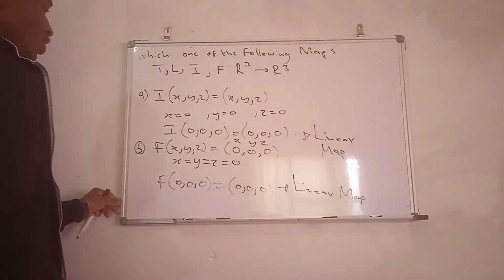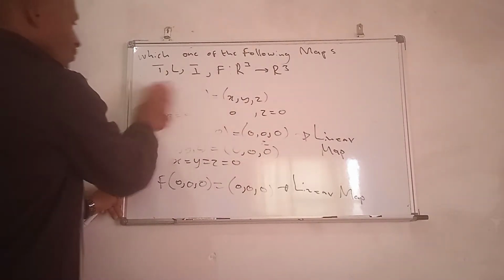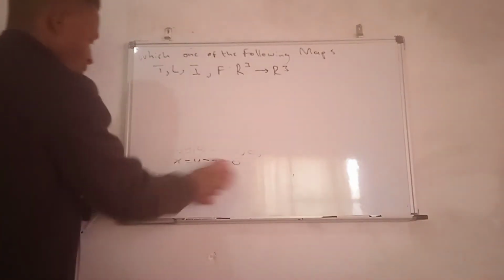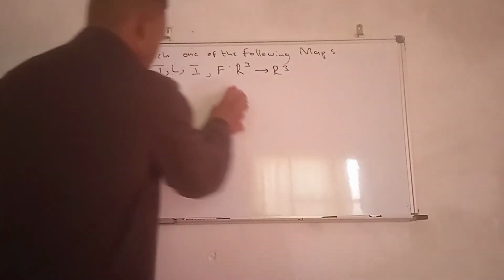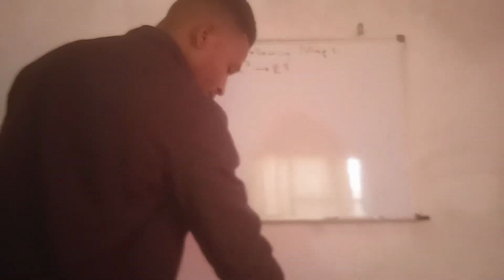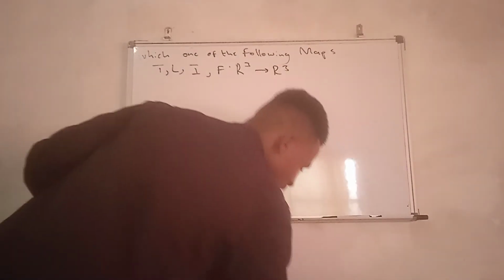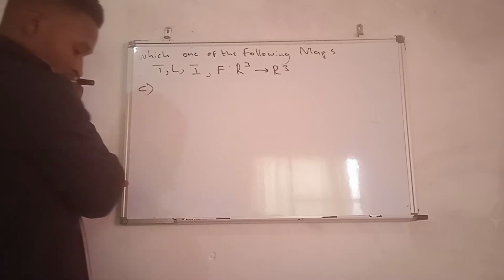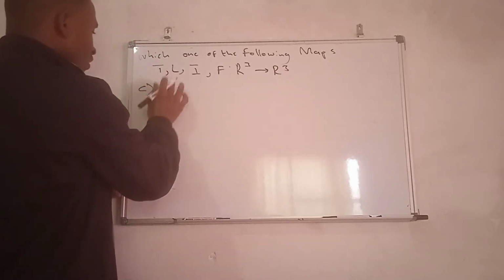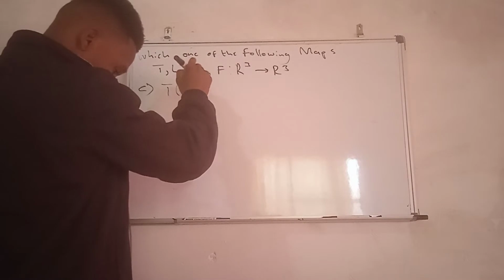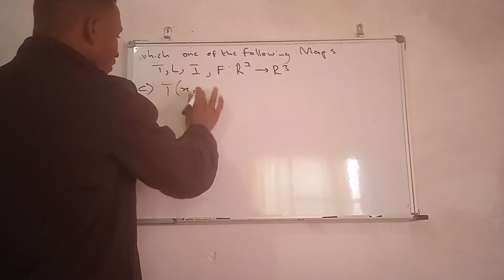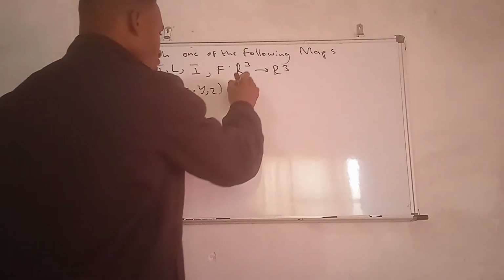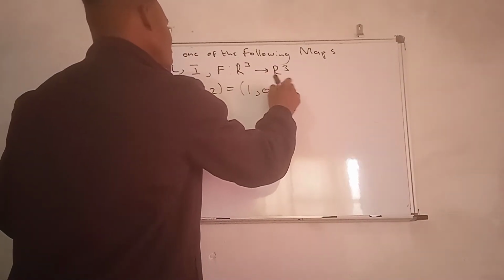Let's check a third condition, which is number C. Number C says that T of (x, y, z) equals (1, 0, 0).